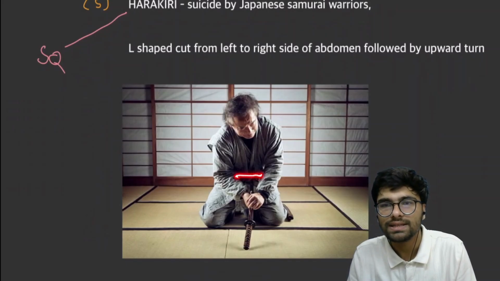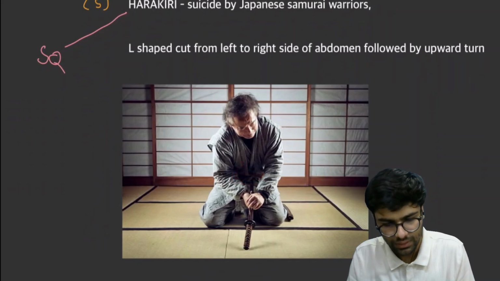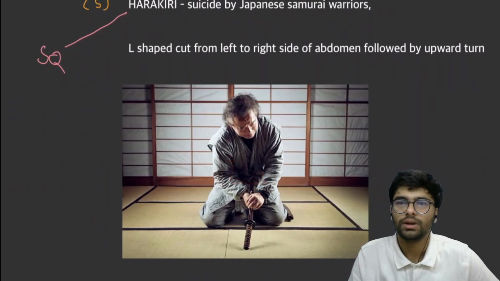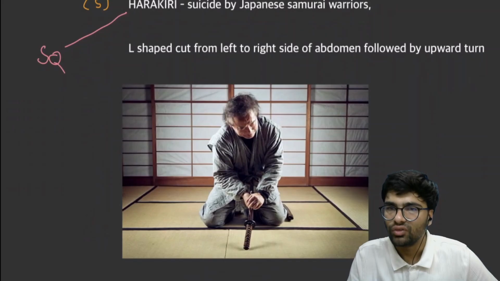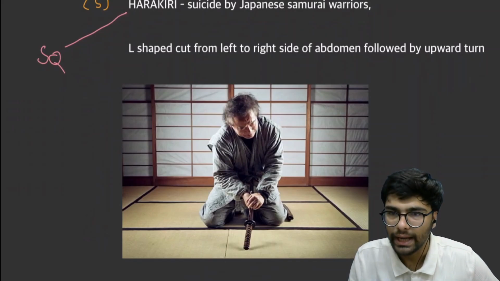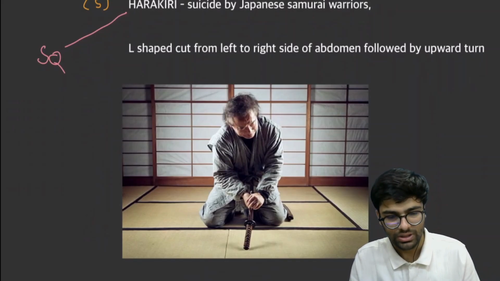And then once the knife or sword has reached right, they'll take an upward turn. Okay, like this, L-shaped stab wound, and they'll ultimately die. This is harakiri. So 5 points, medico-legal importance.